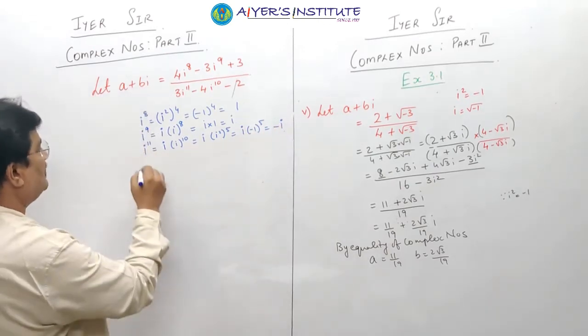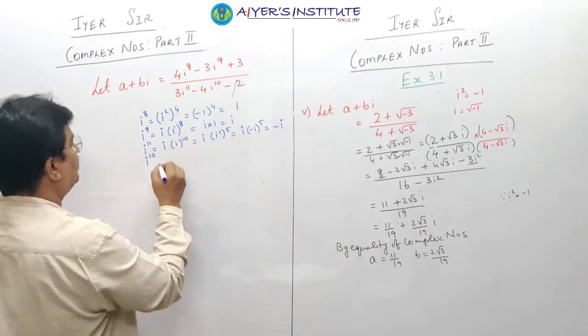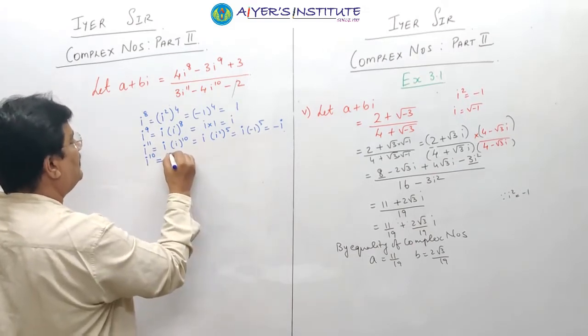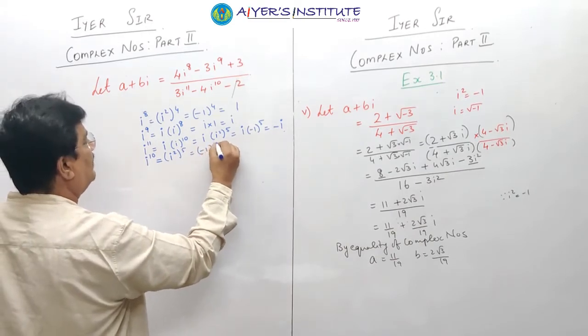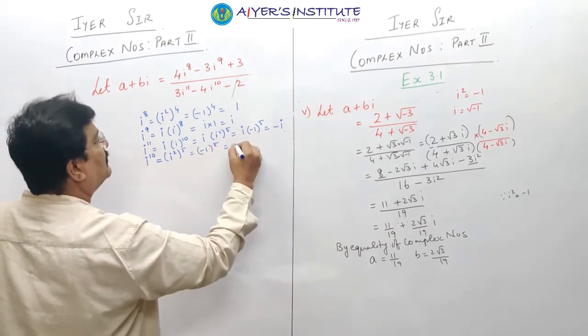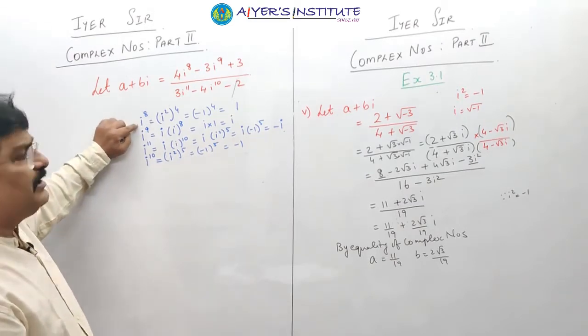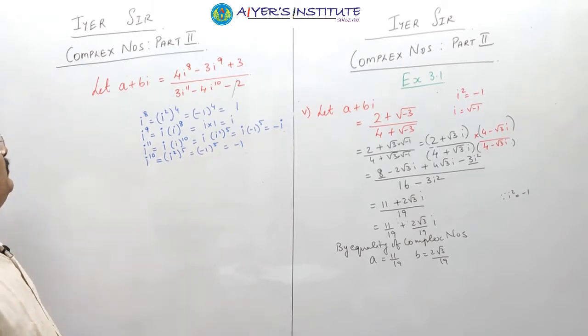Then we have i raised to 10, which is again even, i square raised to 5, minus 1 raised to 5, which we have already found out, will be minus 1. So if the power is even, i square raised to something comes, and if odd, we have to remove one i and then go with the same.